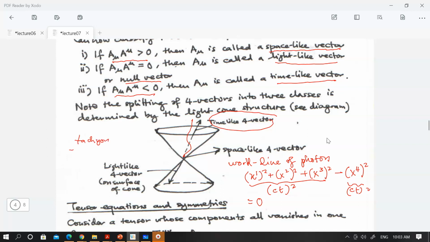A tachyon is a hypothetical particle with speed greater than c. Of course, you don't see tachyons in reality, but as a possibility in a particular theory, it is there.